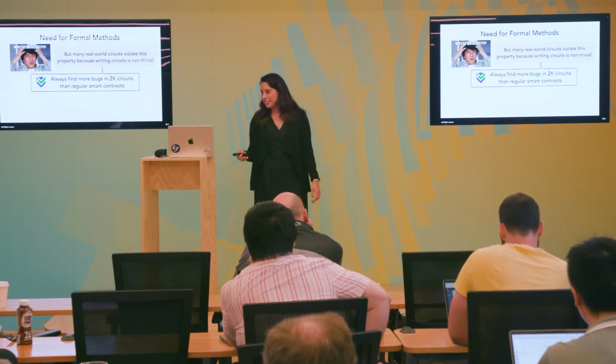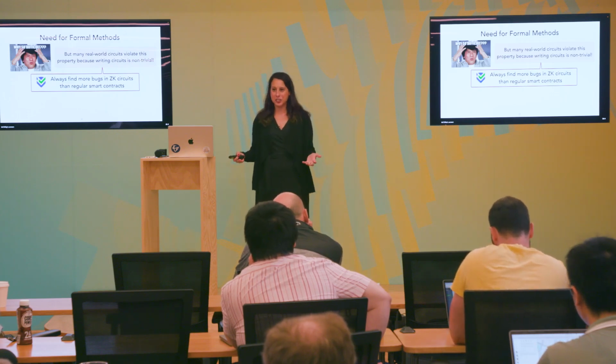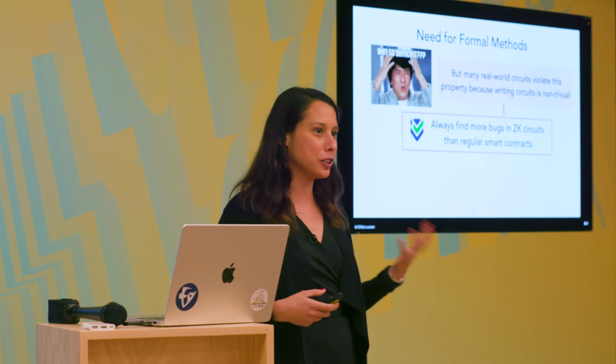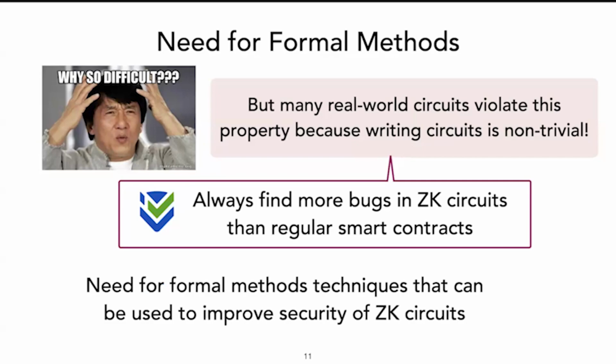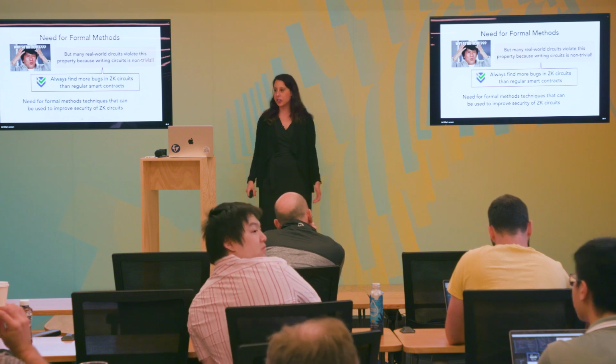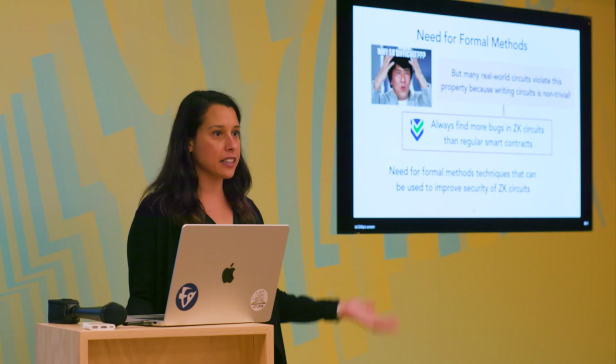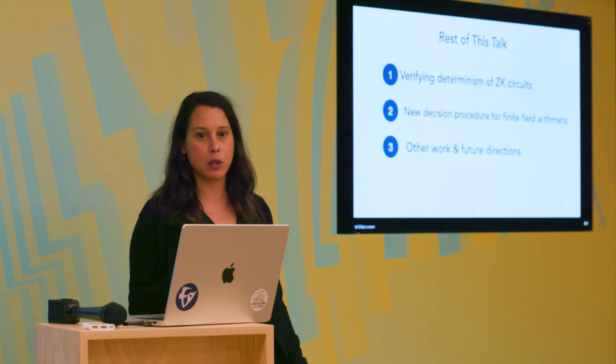And this is the case even though those ZK circuits are developed by people who typically know what they're doing and what they're talking about. So based on this experience, I really believe that it's crucial to develop formal methods techniques that can be used to improve the security of zero-knowledge circuits, and this is what this talk is going to be all about.